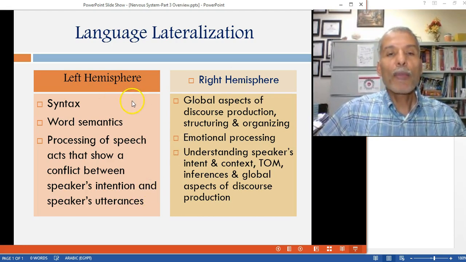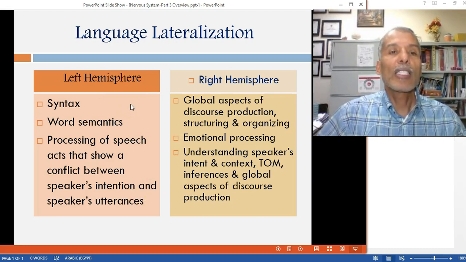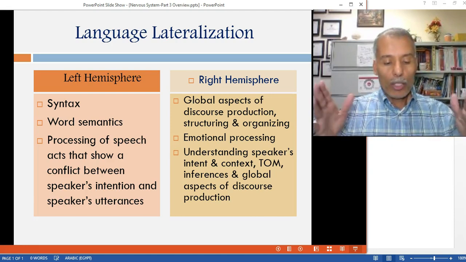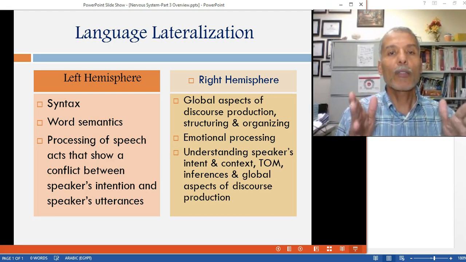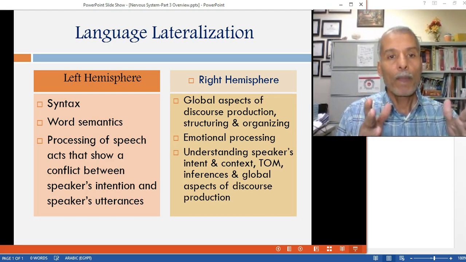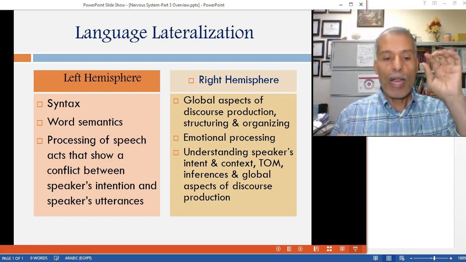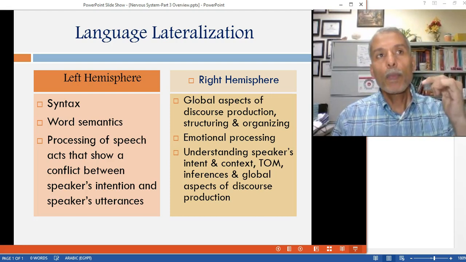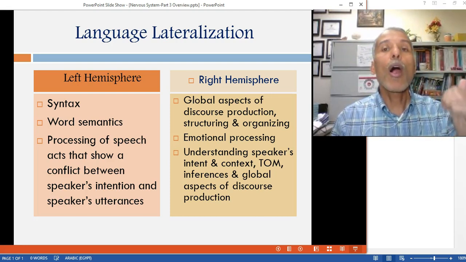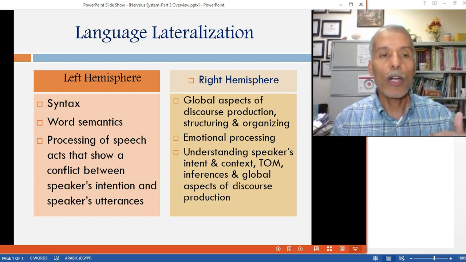I'm going to mention something briefly about language lateralization, but you need to understand that it is only explained this way for simplicity's sake. We understand that certain parts of the brain are dominant for certain functions. However, these brain parts cannot work on their own to perform these functions.